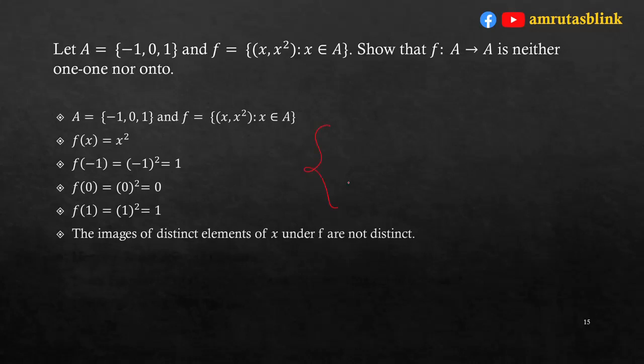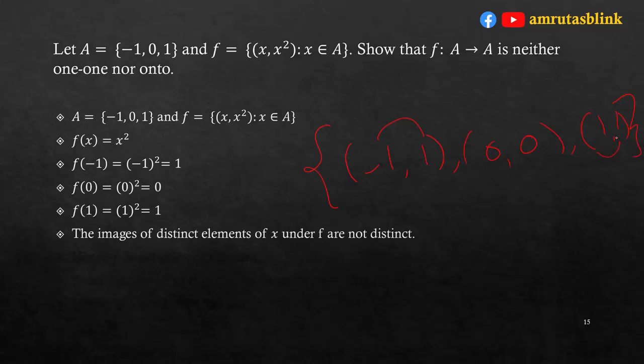So function f will be {(-1,1), (0,0), (1,1)}. Now the images of distinct elements of x are not distinct. That is, -1 is related to 1 and similarly 1 is also related to 1.